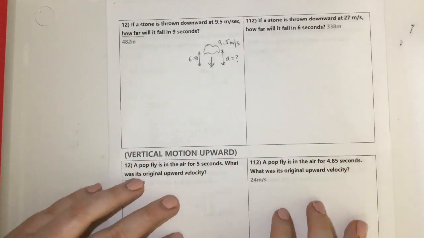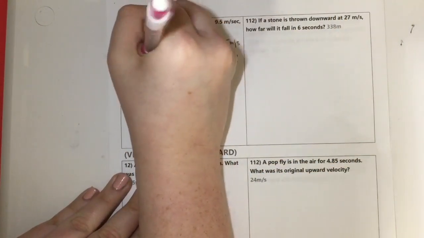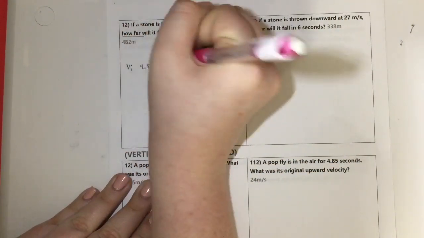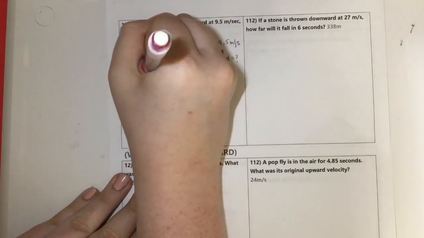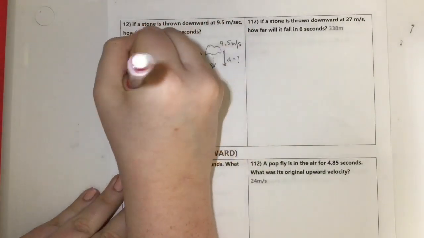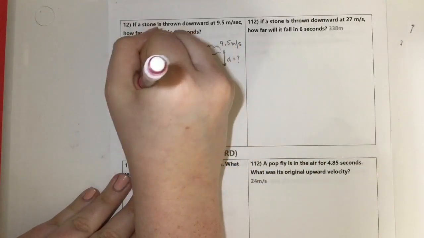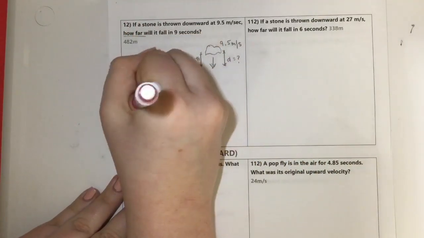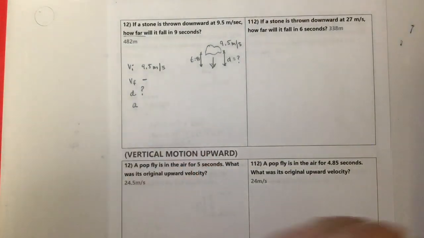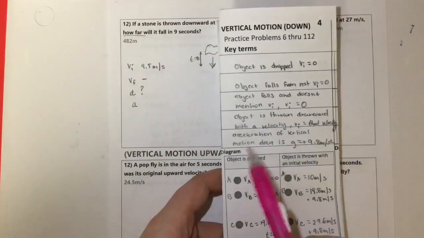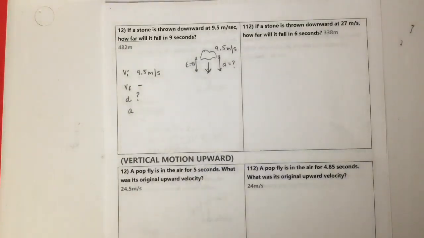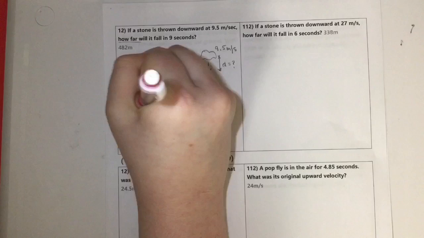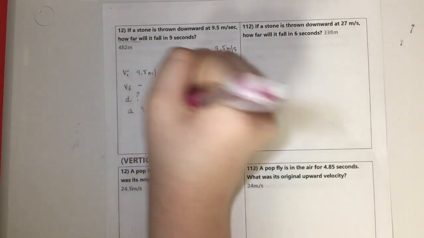Okay, so we know that our initial velocity is 9.5 meters per second. We don't need a final velocity, so we're going to put a dash. Our distance is our unknown. Our acceleration of a vertical motion down is 9.8 meters per second squared.